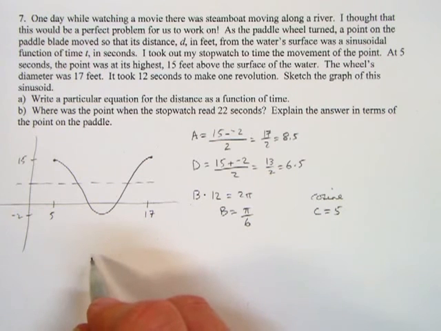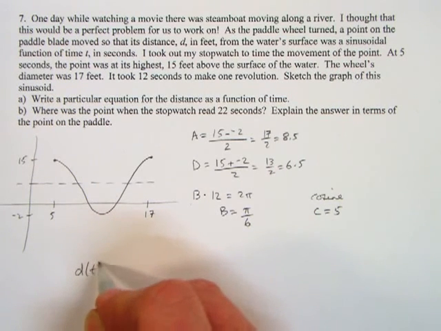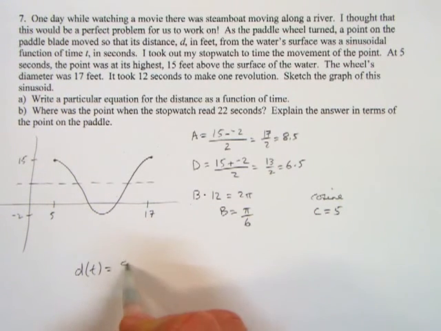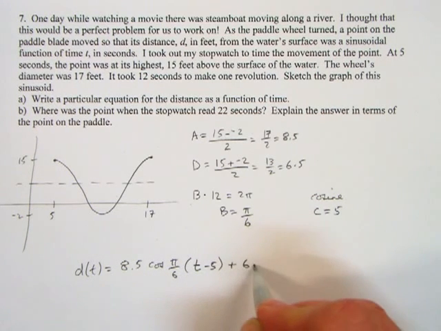Now, we want to do it in terms of distance. We know D is our variable, so it's going to be D of t equals 8.5 cosine of pi over 6 times the quantity t minus 5, and then plus 6.5.